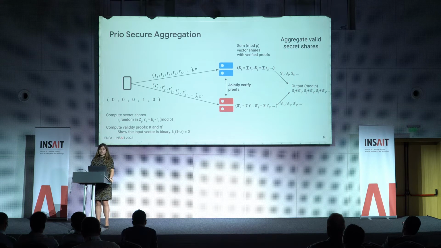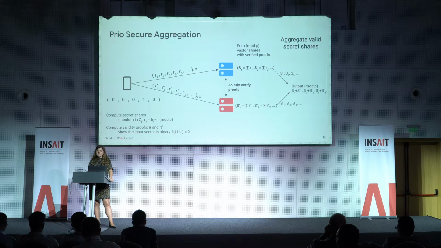So once these proof checks are completed, the two aggregation servers will aggregate their respective shares received from mobile devices, and then they will send their aggregate share outputs to the output receiver, who can reconstruct the final aggregate metrics from the system.